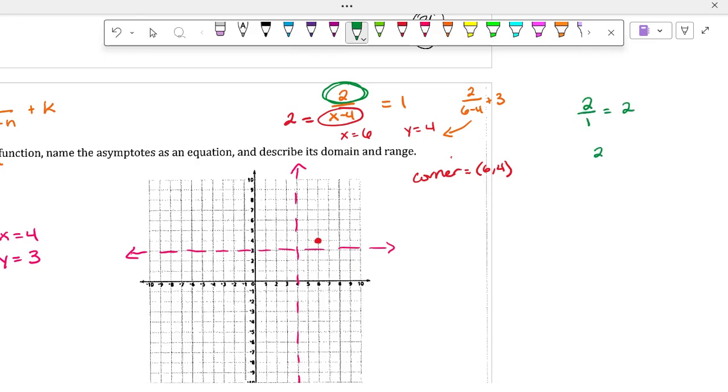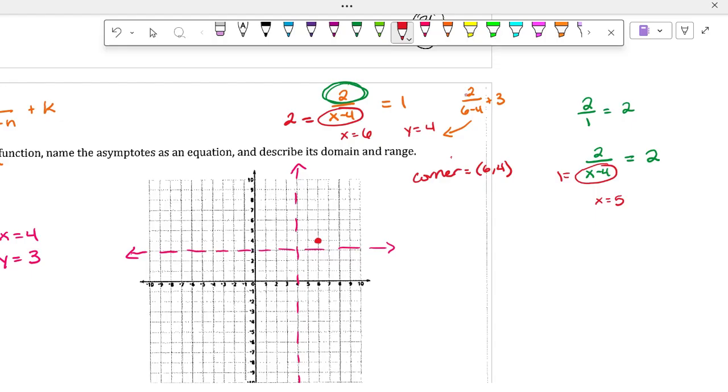So in other words, if I want 2 over x minus 4 to equal 2, I want the denominator to be equal to 1. So what value of x would give me that? 5. So if x is equal to 5, that would give me a denominator of 1, so it would be 2.